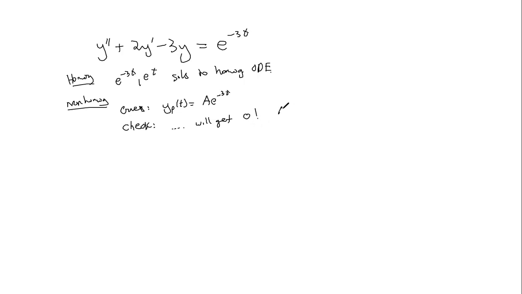A e to the negative 3t double prime plus 2 a e to the negative 3t prime minus 3 times a e to the negative 3t, it's going to be 0. And so we conclude, really, nothing, right? We can't solve for a because we get 0 equals e to the negative 3t. So we won't solve for anything, which is why you have to amend your guess a little.